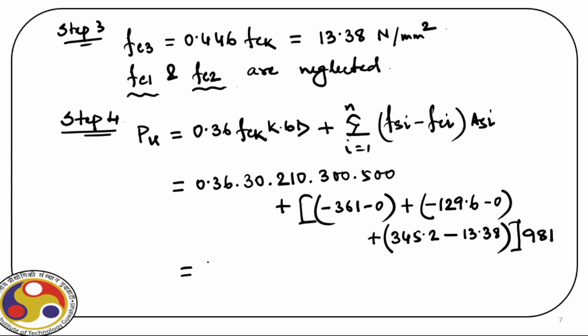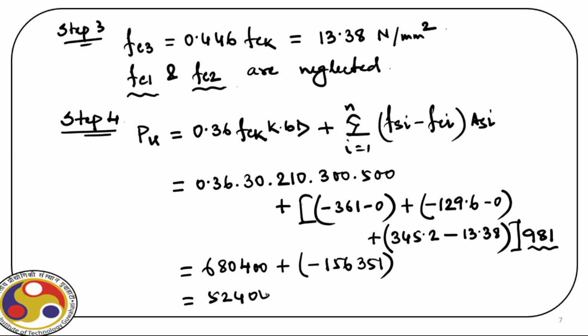So finally what we get, if you solve this, for the first part we have 680,400 plus this bracketed term multiplied by 981 will give us 156351. So total capacity is 524049 Newton. So that means Pu is equal to 524 kilonewton. So the first question is answered.